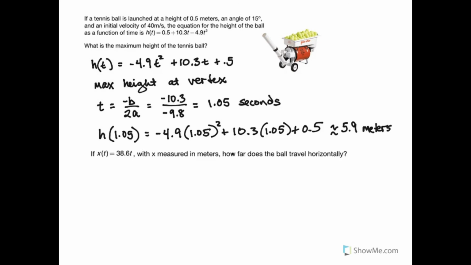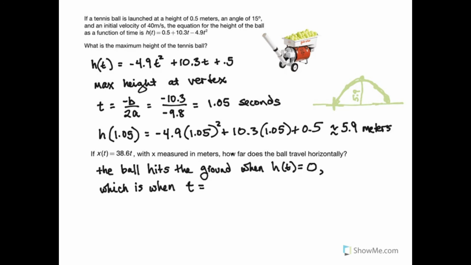Now that's a height measured in meters, so the maximum height of the tennis ball will be 5.9 meters. Now I want to find out how far the ball travels horizontally. If I think of this green parabola as the trajectory parabola, the height of 0 is going to give me the place where it hits, and that value of t will be the one I can put into the displacement equation.